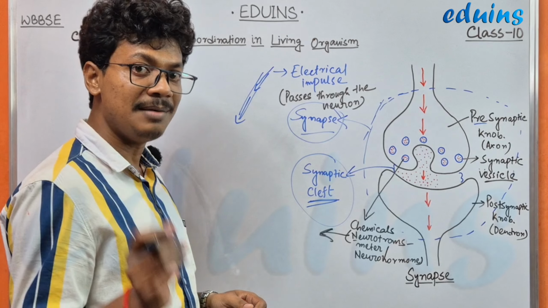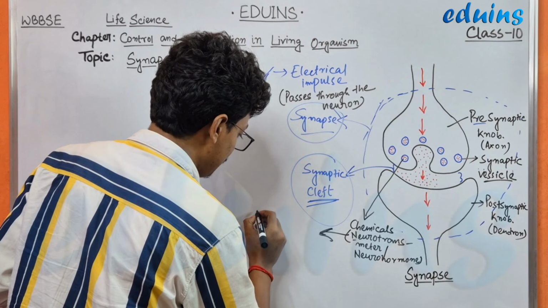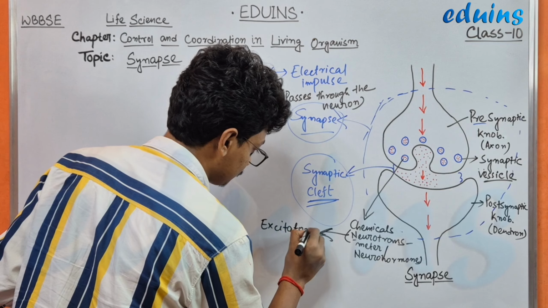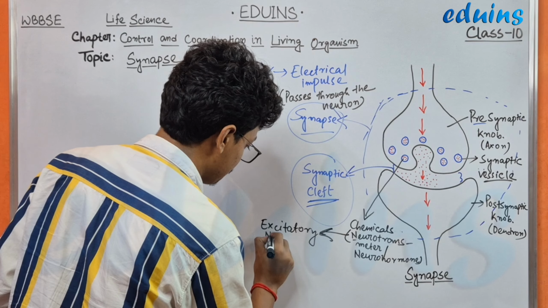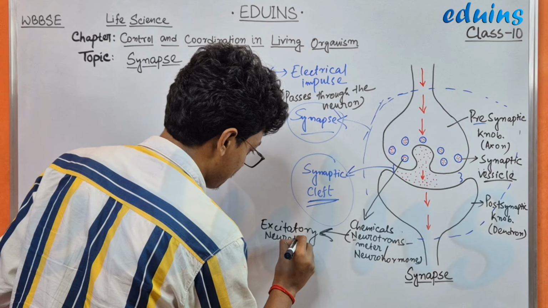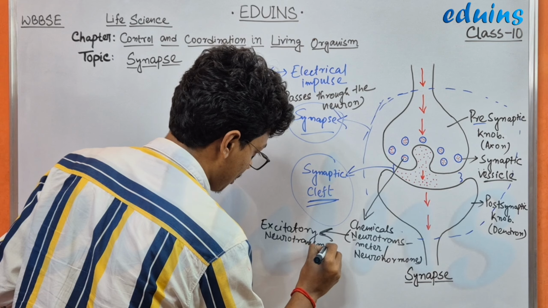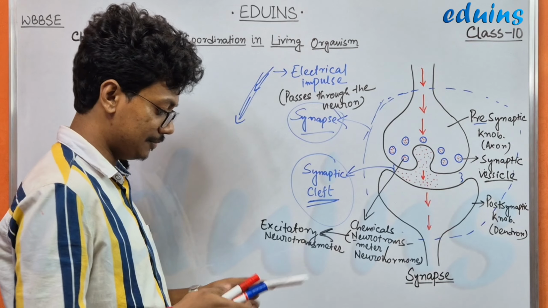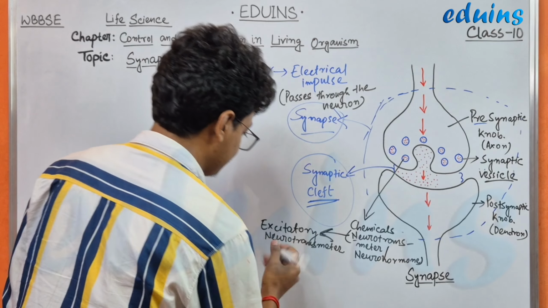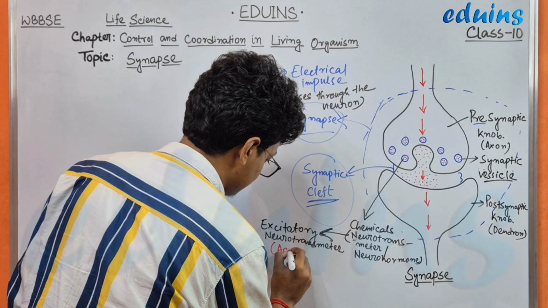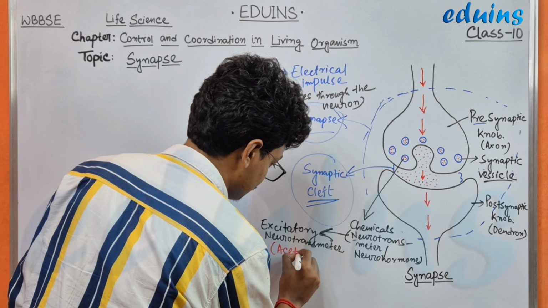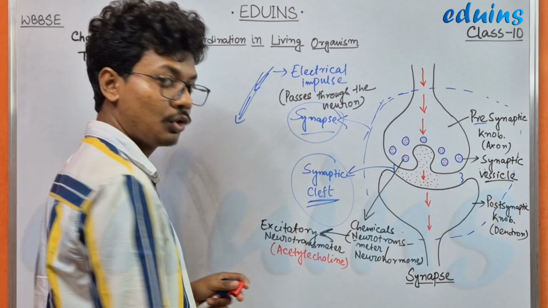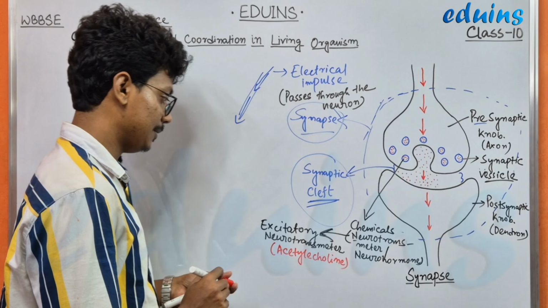One example of an excitatory neurotransmitter is acetylcholine.